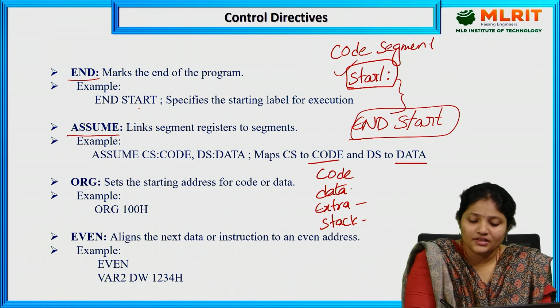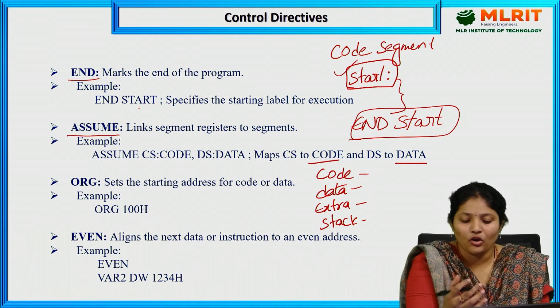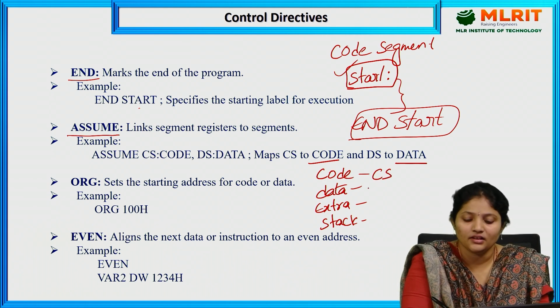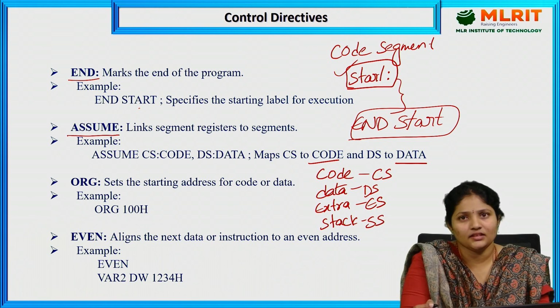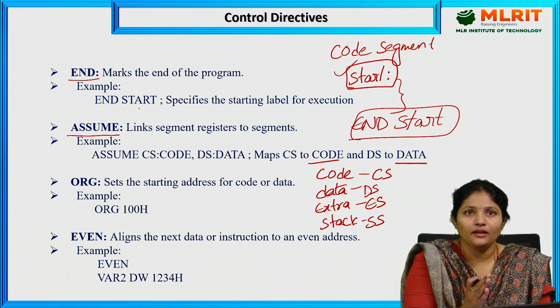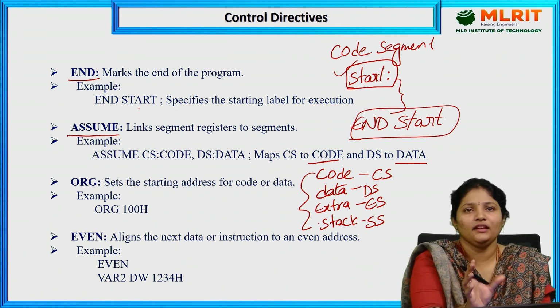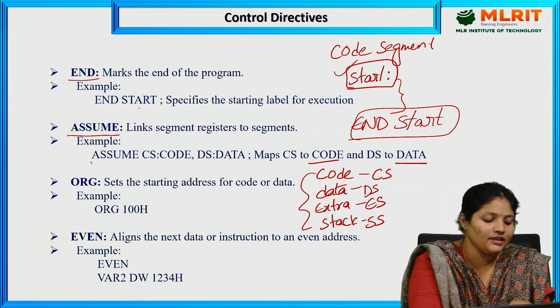But the registers which hold the starting address of these segments are different, because the code segment starting value will be stored in the code segment register, data segment register, extra segment register, stack segment register. So these particular registers will be linked to those segments. To link the segment registers to segments, we use assume.